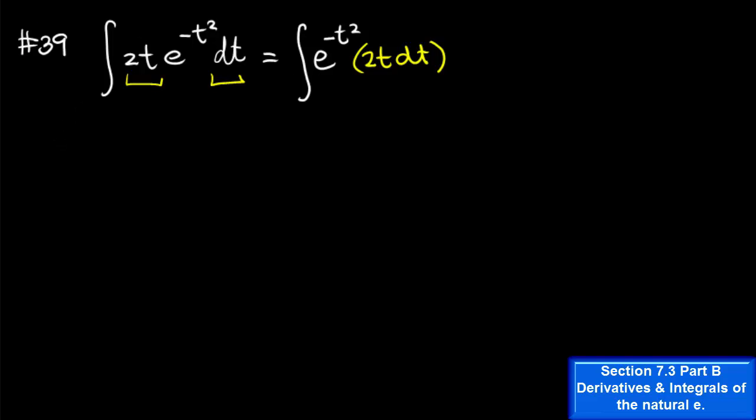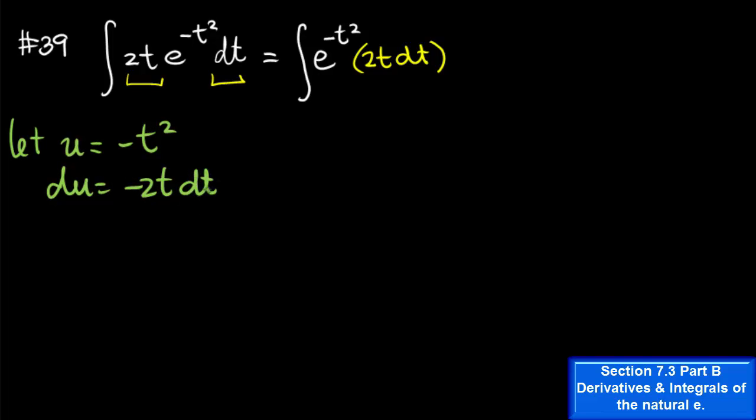So let u be what? U is now minus t squared, so that du equals minus 2t dt. All right, so you see now we have a match, because 2t dt is equal to minus du. So now everything can be written up nicely.